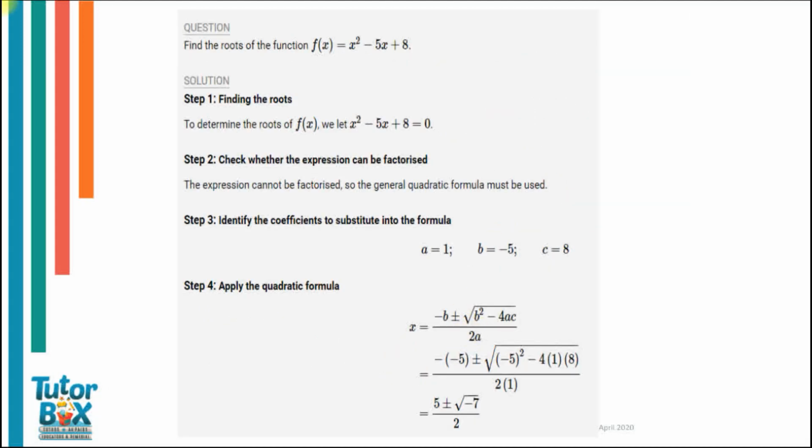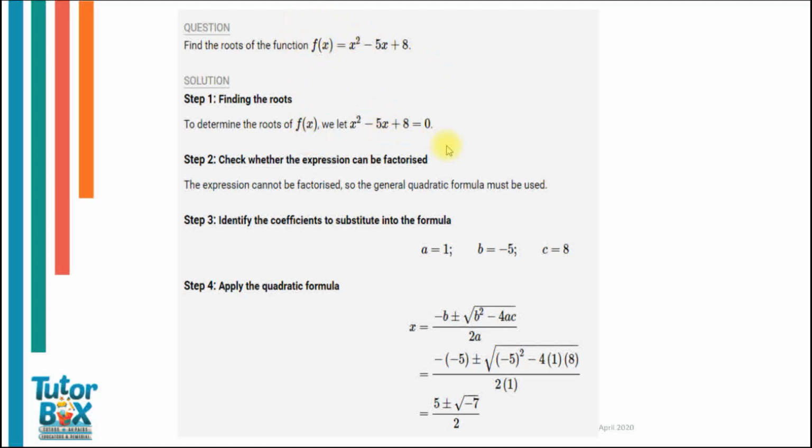Now this question says find the roots of the function. It's no longer saying solve for x. When they say solve for x, they're basically saying find the root of that equation. Now they're saying find the roots of the function f of x is equal to x squared minus 5x plus 8. To determine the roots of f of x, you need to let f of x be equal to 0.